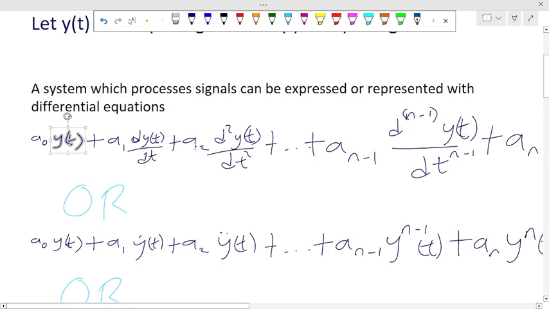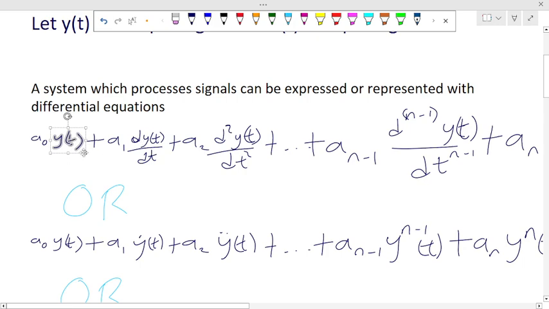a1, a2, a0, they are just coefficients, they are just constants. So we can decide to put q1, q2, whatever, they are just constants. Now the main thing you have to bear in mind is that this signal is being differentiated.